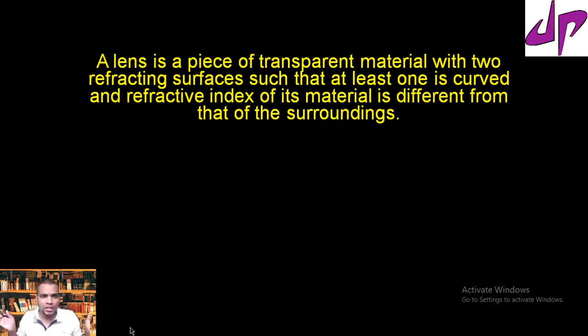So it's a very big definition, don't worry about that. First you can just know what a lens contains. Usually a lens is a piece of transparent material. I hope you know the meaning of transparent. And it contains two refracting surfaces.